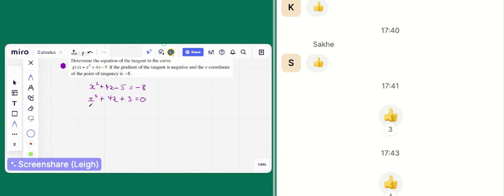Okay, after that, we would have factorized, and our factors would have been x plus 3 times x plus 1, and that means that either x was equal to -3 or x was equal to -1. All right, did you guys get the same answer as me?